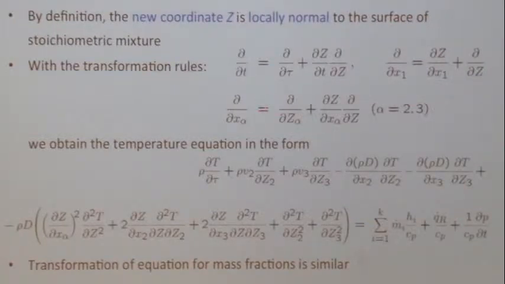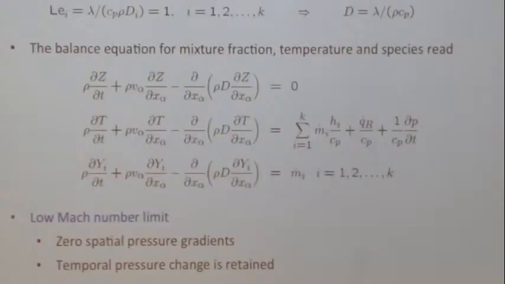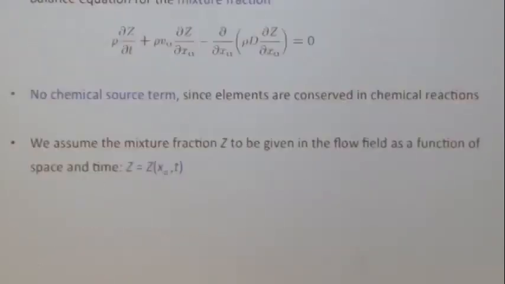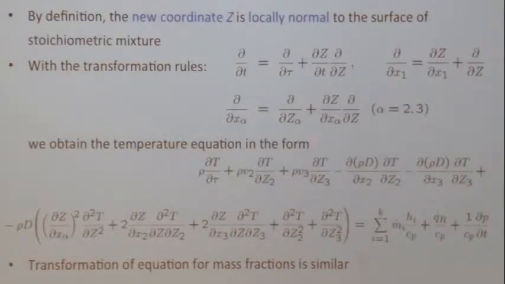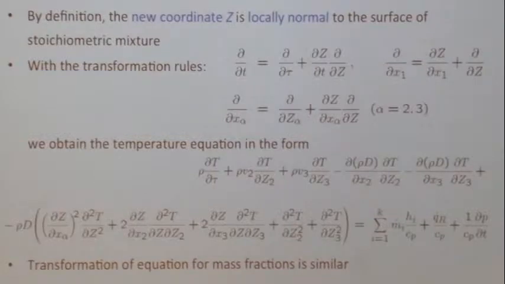And d by dx alpha here, so this is d by dx1 and d by dx2 and d by dx3. They're this. Now I just realized I used alpha here as an index that goes from 1 to 3, and then I used alpha here as an index that goes from 2 to 3. So this should be beta, let's say. It's not the same.